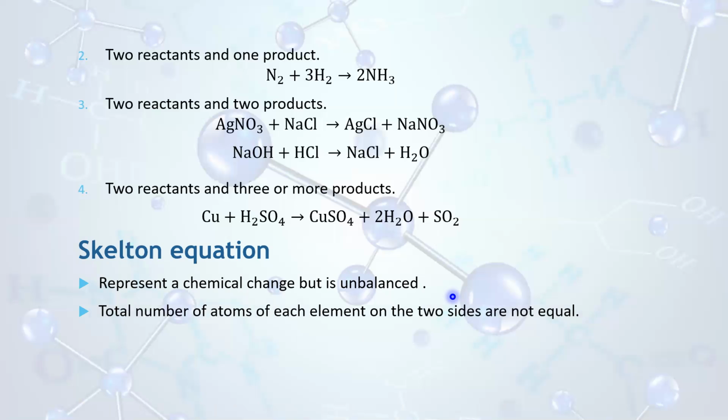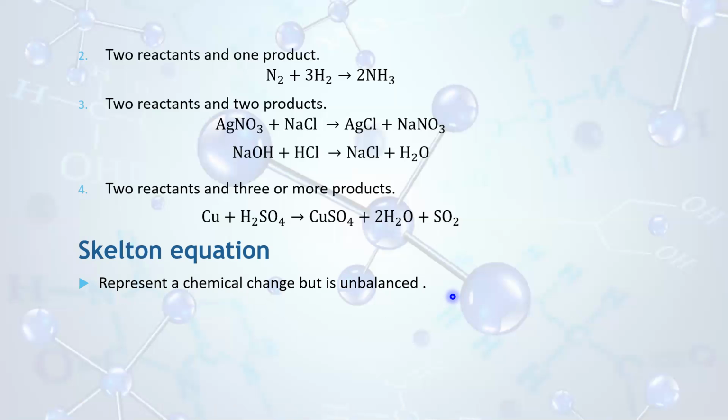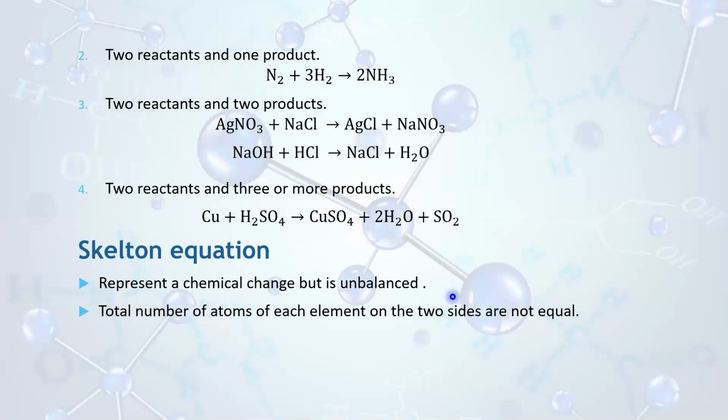It is an equation which has unequal numbers of atoms in the reactants and products. That is, the total number of atoms of each element on the two sides is not equal. See the example. Formation of hydrogen chloride from hydrogen and chlorine.